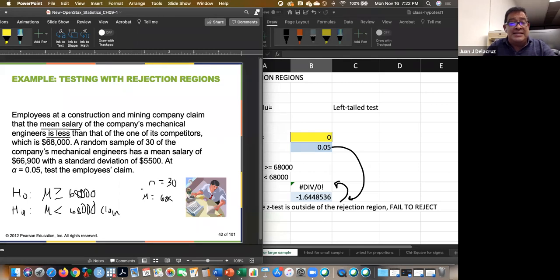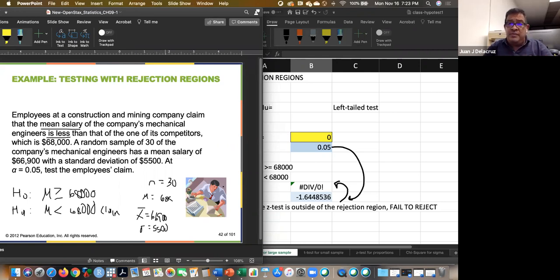And the mean salary of the sample, so X bar, is going to be equal to 66,900. And the standard deviation, sigma, is 5,500, right?